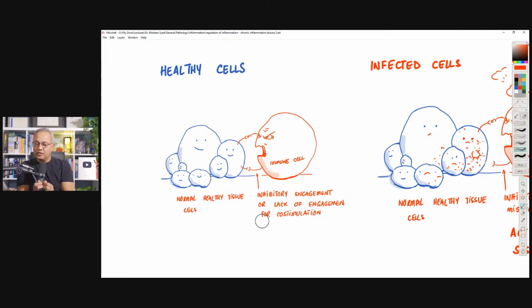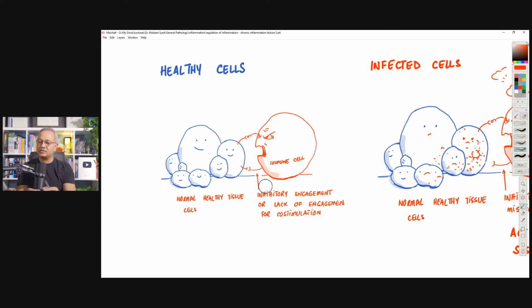I call them hugs and kisses. So more stimulations have to occur for the immune cell to make sure that when it becomes active, it is correctly becoming active and is going to attack the right thing. On the other hand, if the tissue is healthy, the tissue is going to put a brake on the immune cell's activation by activating certain molecules on the immune cell to say turn off.